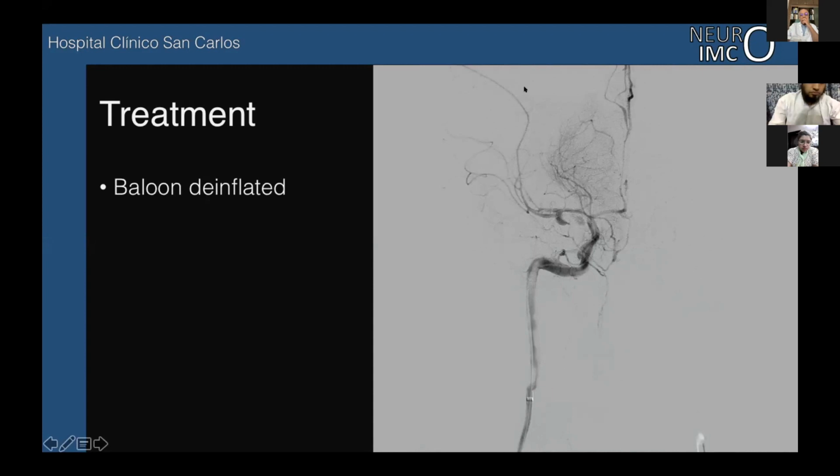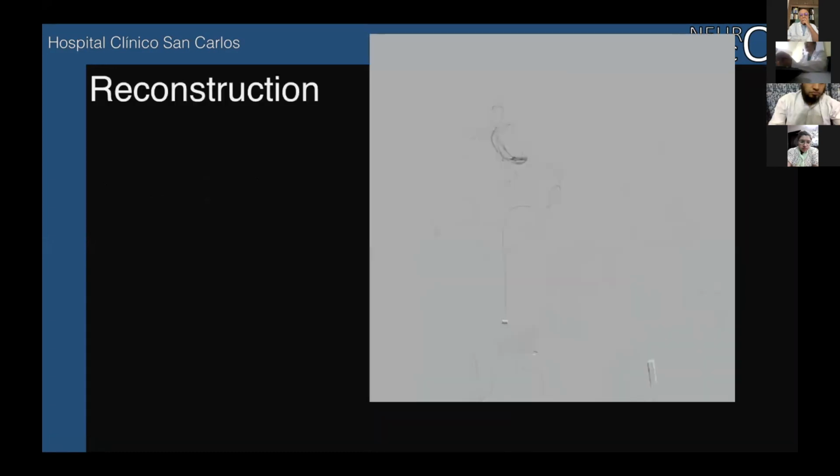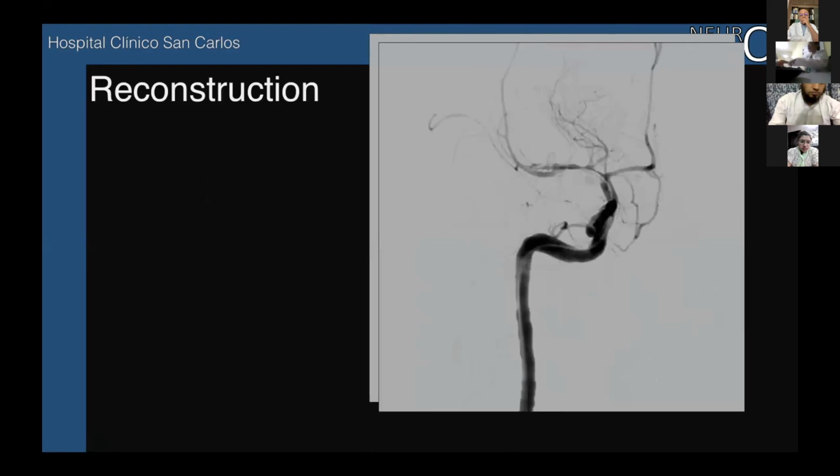Also spasm, severe spasm. And at this point, I decide to treat the spasm and place a reconstruction stent to reconstruct the middle cerebral artery.